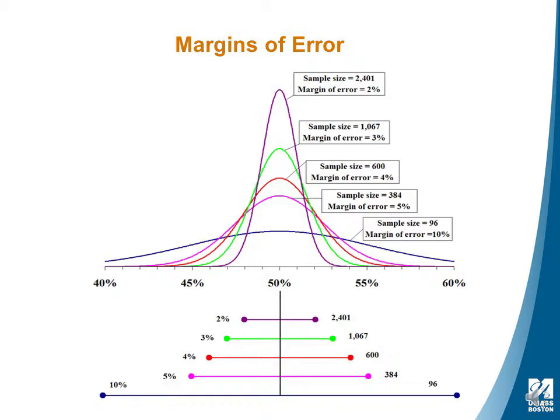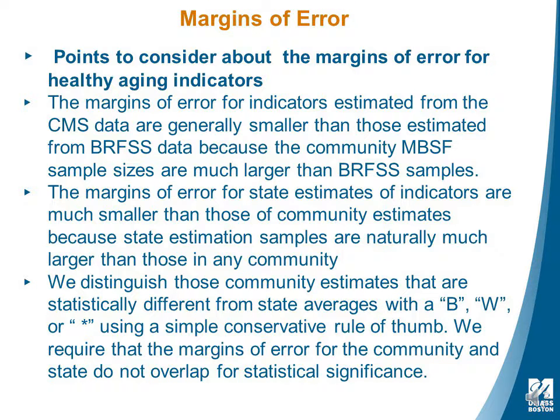This graph shows how margins of error vary with sample size. The message is basically the same as the previous slide. As sample size increases, margins of error get proportionately smaller. Some points to consider about the margins of errors for healthy aging indicators.